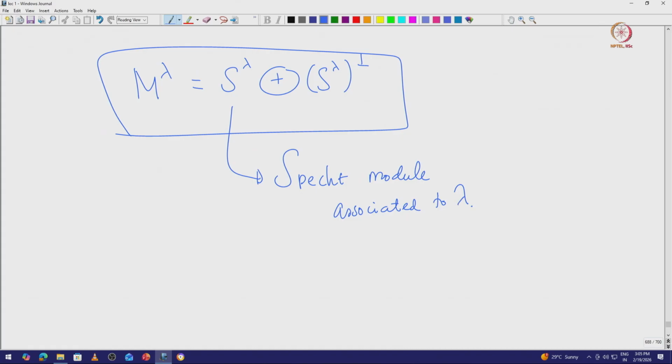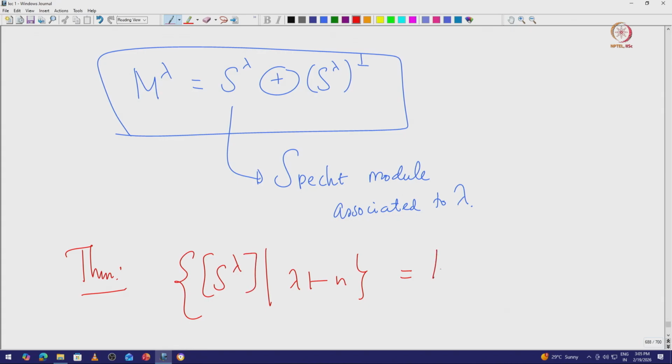And what we want to prove here is the theorem that this set S lambda, lambda a partition of n, gives exactly the irreps of Sn. The irreducible representations of Sn are classified using these Specht modules associated to partitions lambda.